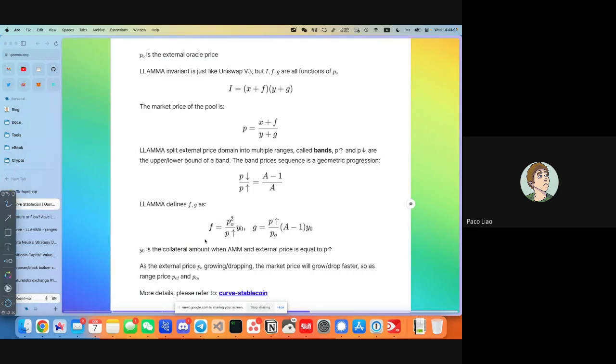So as I mentioned, F and G are functions of PO. If we set a value, all the bands' P up and P down will be a constant number. Yeah. And there's another variable in this function called Y0. Y0 is the collateral amount when the AMM and external price are equal to P up.